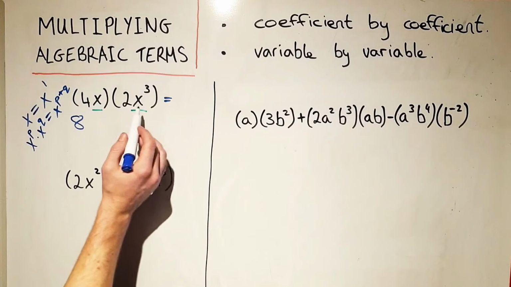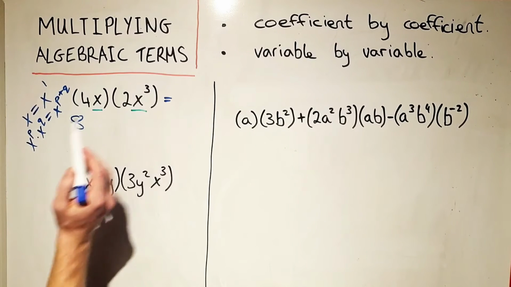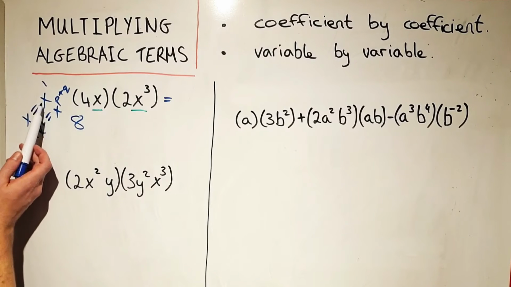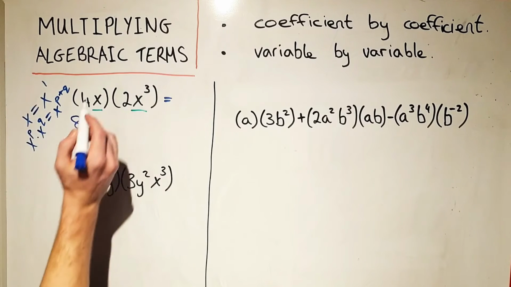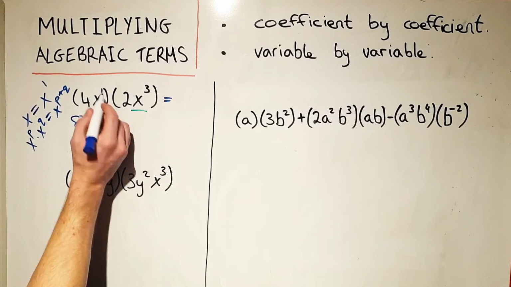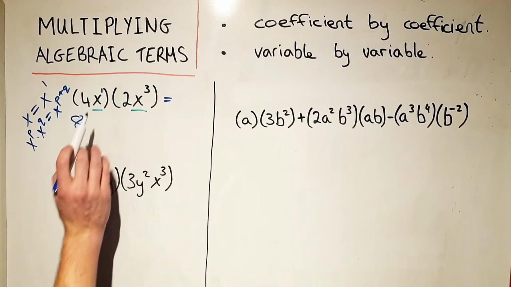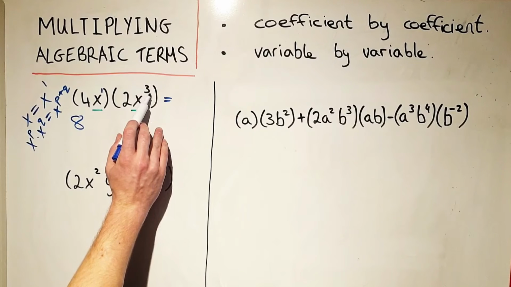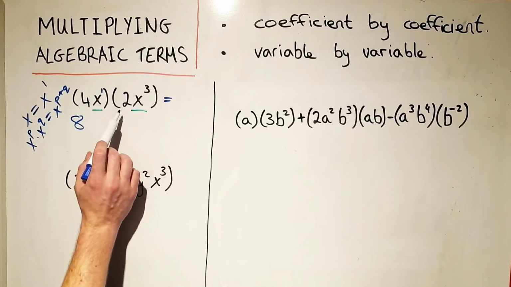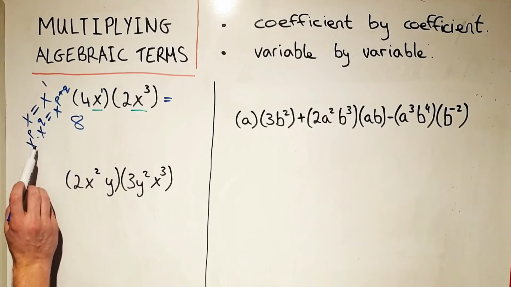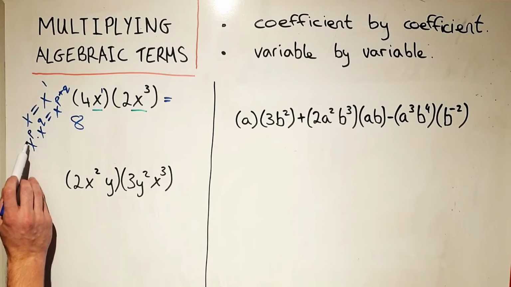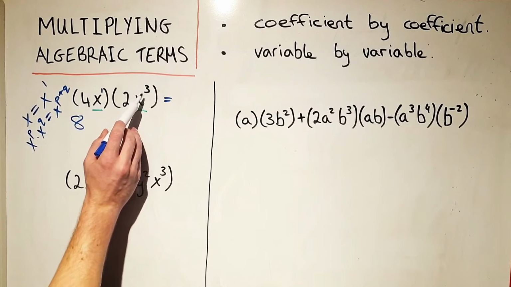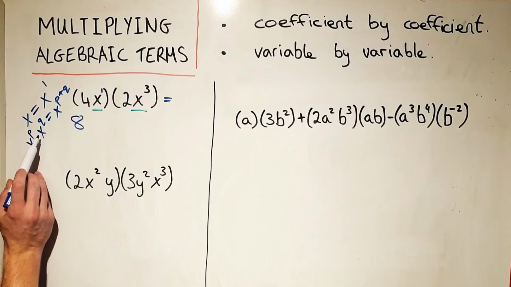We have an x and an x cubed. Going over to this rule, we have an x, which is the same as x to the 1, so if it makes it easier for you, put a 1 in there. Now we have x to the 1 multiplied by x to the 3. Can you draw a comparison between this example and the rule? We have x to the p, or x to the 1, multiplied by x to the q, or x to the 3.